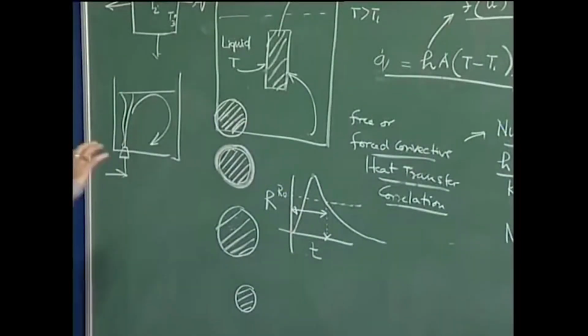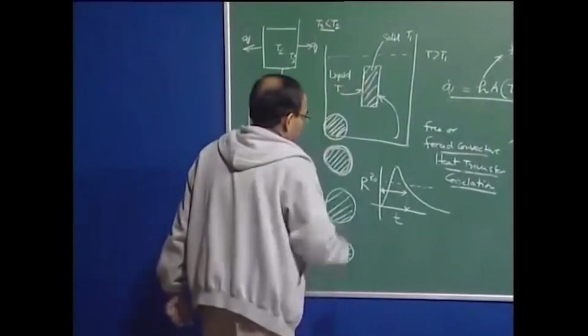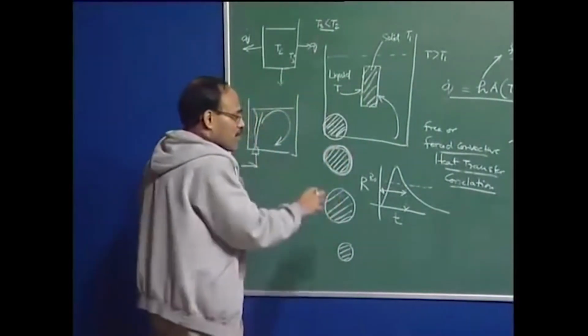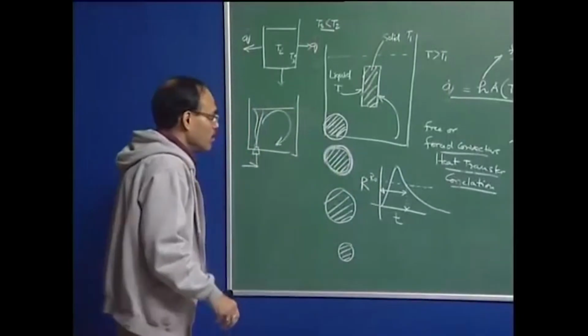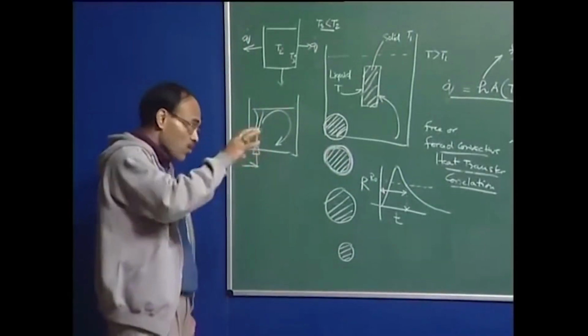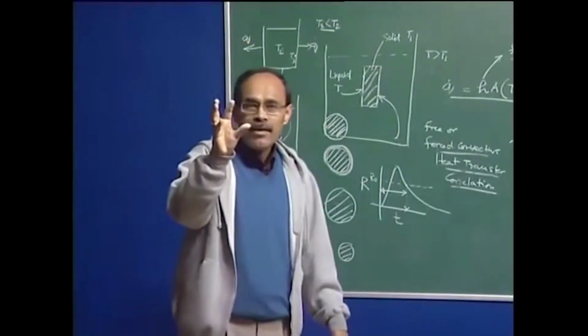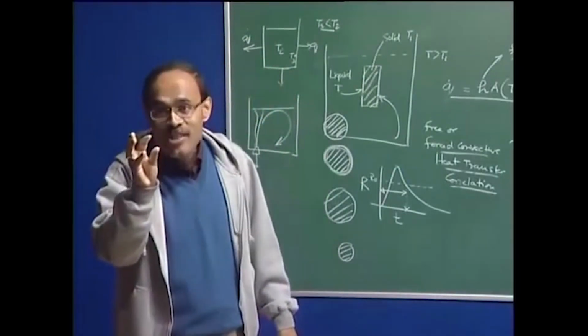Now, therefore, in order to calculate this, we have to take into account the latent heat of solidification as well as the latent heat of melting; one is positive, another is negative. We must also understand that the geometry of the object is not constant all the time.